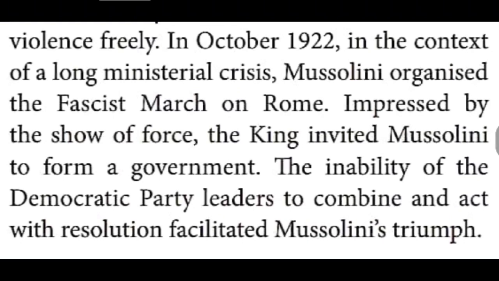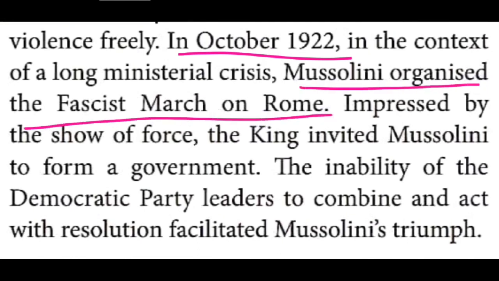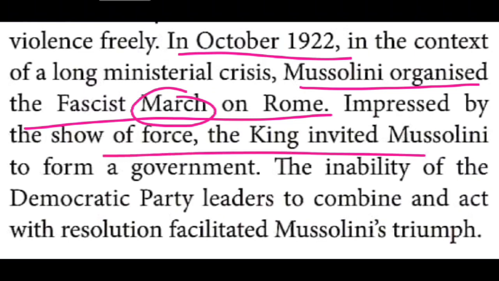In your book it is given that the Fascist Party organized a march, a procession, like a parade, towards Rome. The Rome king, Victor Emmanuel II, warmly welcomed them.